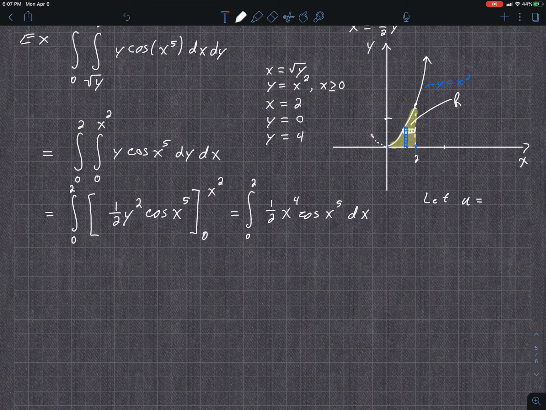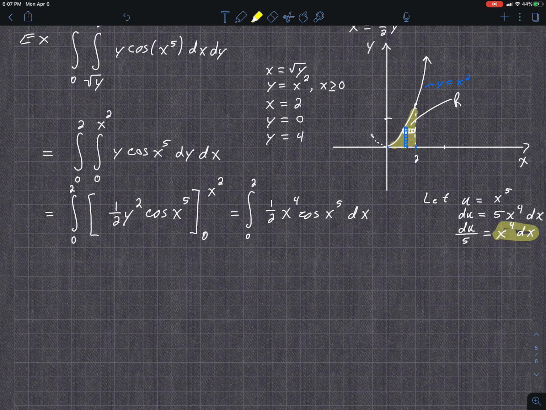Okay, so now you can do your u substitution. Let u equal x to the 5th. Then du is 5x to the 4th dx. So du over 5 is your x to the 4th dx.